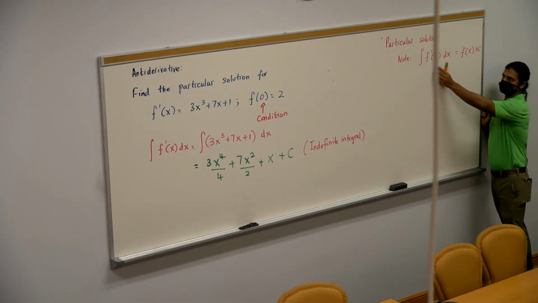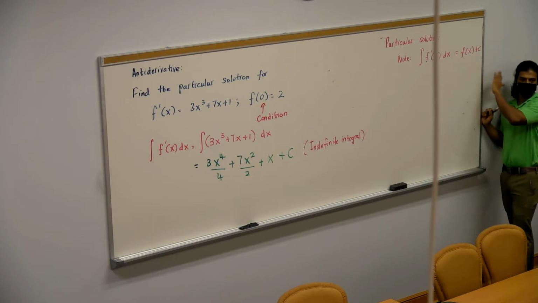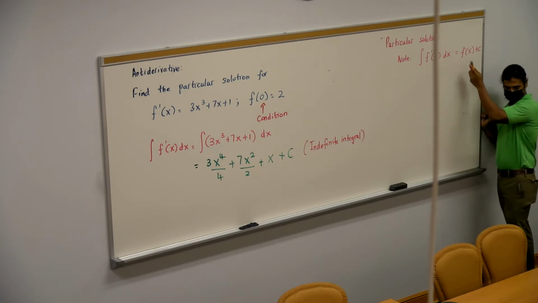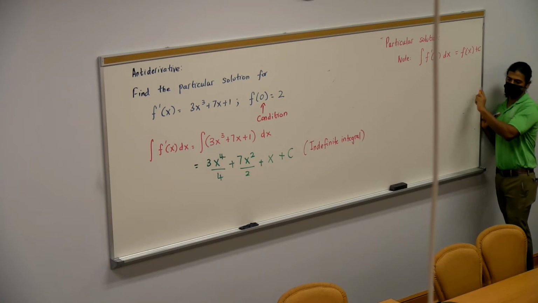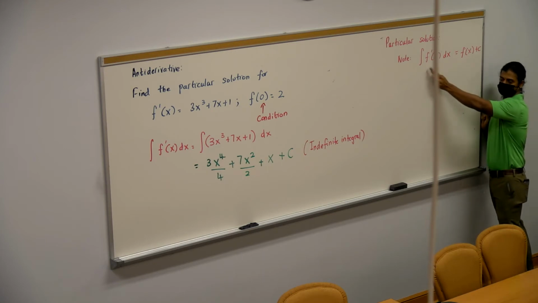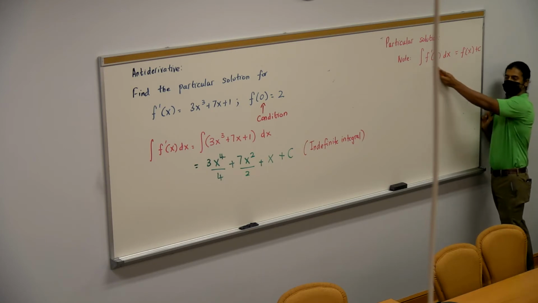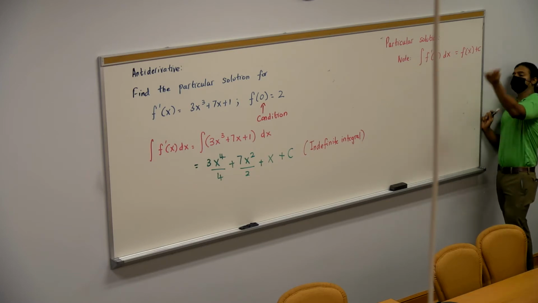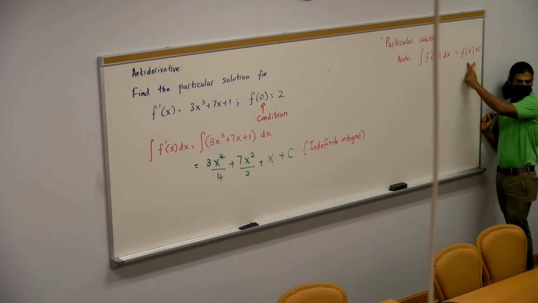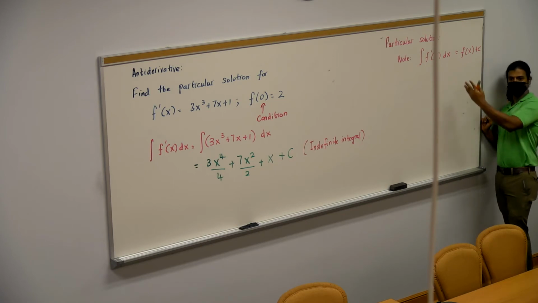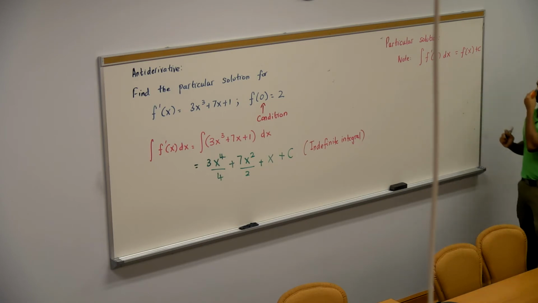So the integral of f prime of x dx is f of x plus c, which is another reason as to why we call it the antiderivative. You took the derivative here, the integral gets applied, the derivative gets cancelled out, you get the original function, hence the antiderivative part. So what do we know?